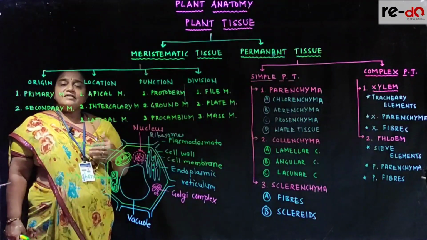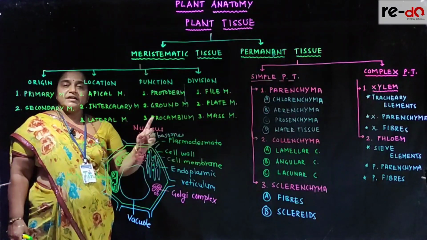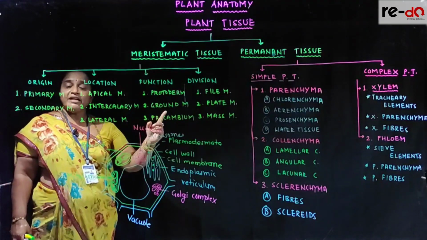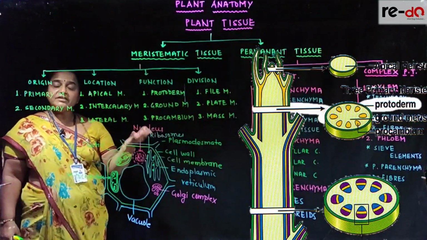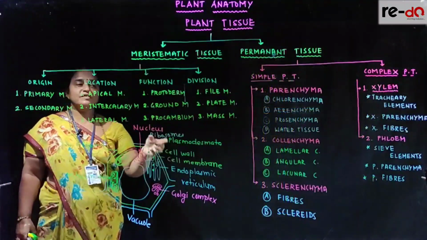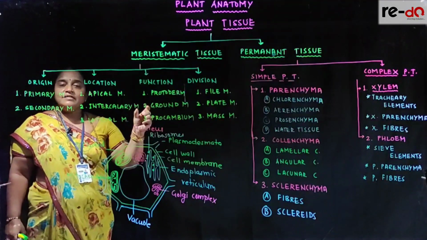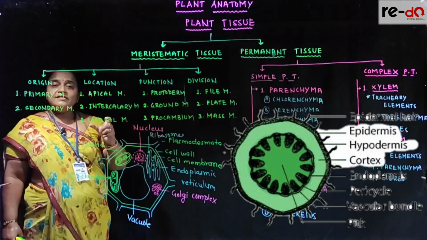Then as the tissues start dividing, during differentiation, when it gives the outermost layer, which is usually protective in nature, it is known as protoderm. So the meristem that differentiates into epidermal tissue system is protoderm. Now inside the epidermis, there is a layer called hypodermis, then cortex, then stele.